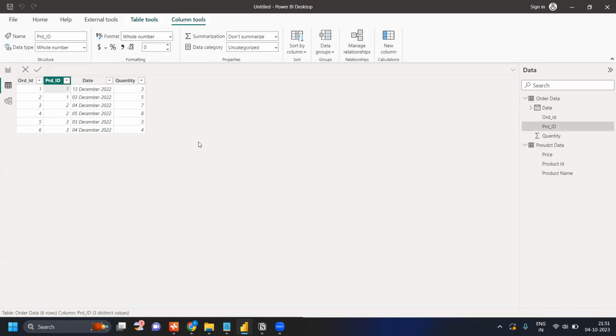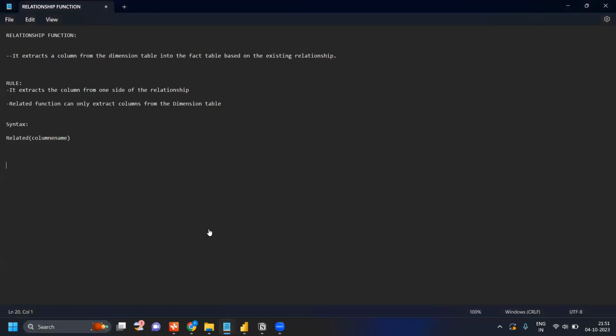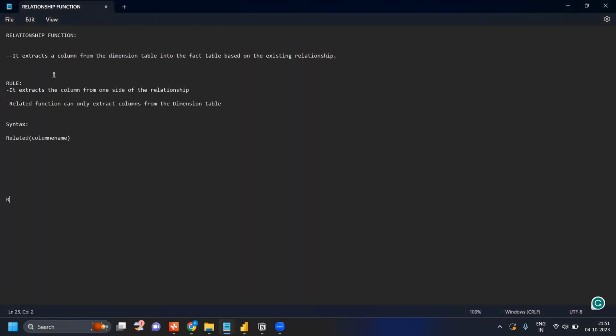So my requirement is, what is the revenue of the business? I want to calculate the revenue. How to calculate the revenue?